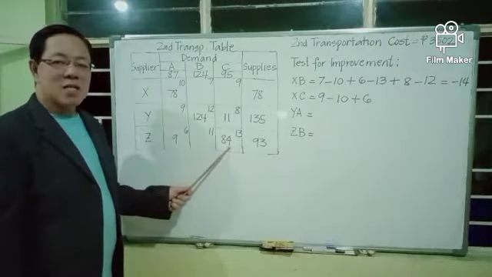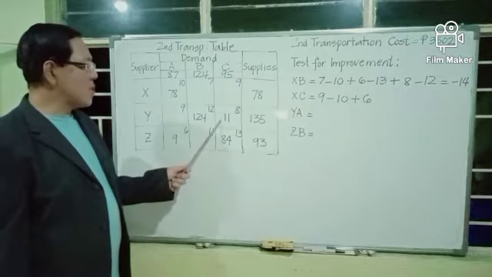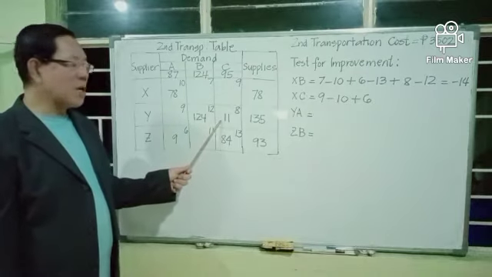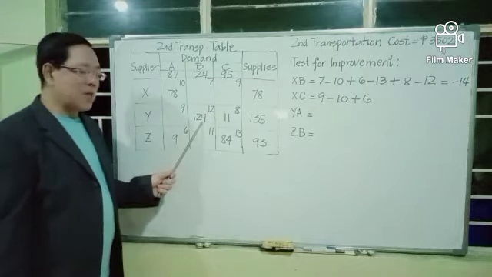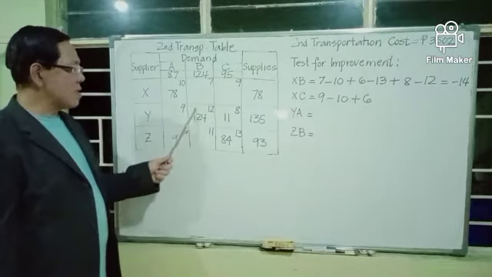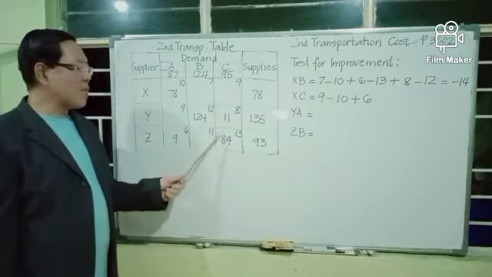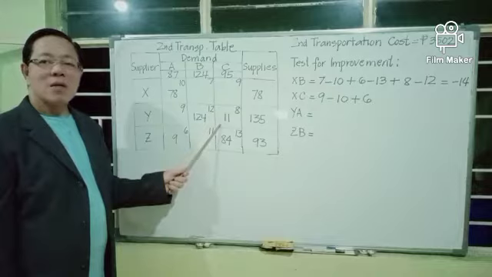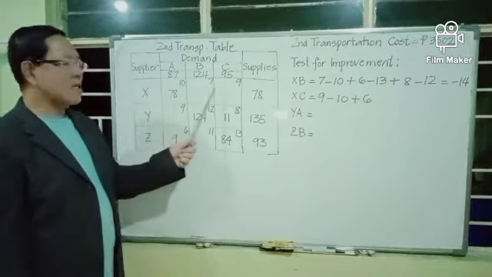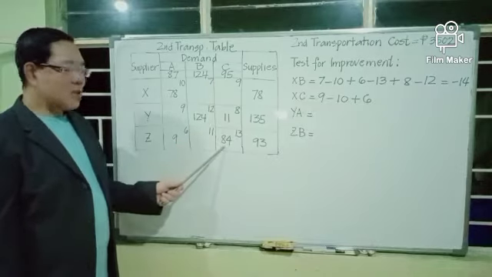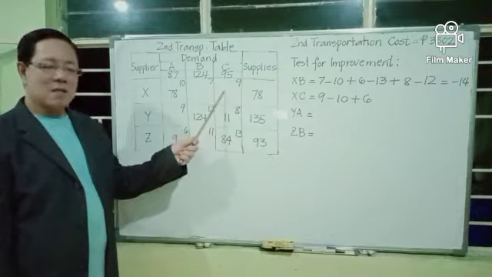From 84, the next move is vertical. If you move from 84 to 11, the next move is horizontal. You move to 124, the next move is vertical, and this is vacant, and this is vacant. Hence, from 84, if you move vertically upward up to 11, you will not be able to go back to this vacant cell XC. So what you do from 84, you go straight to the vacant cell XC.